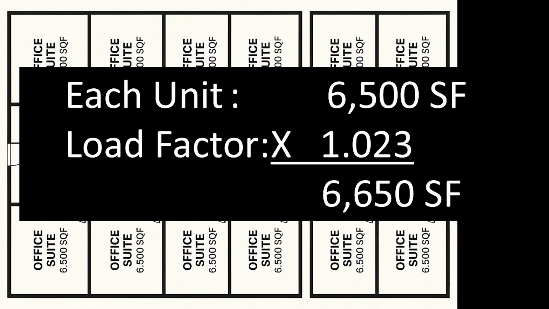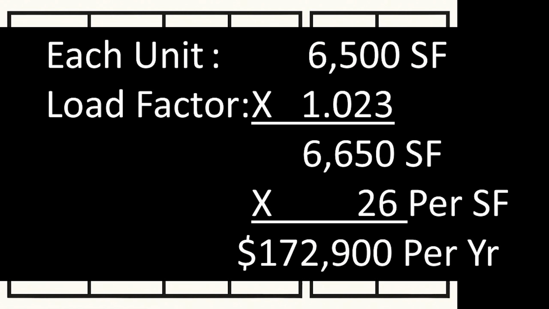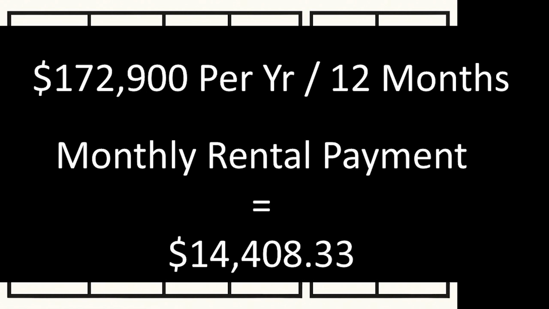So we would do 6,500 times 1.023, which equals 6,650 square feet. If the landlord charges $26 a square foot, you would times the square footage by the dollar per square foot amount. So this would be 6,650 times 26, which equals 172,900 per year. Or divide that by 12 to get $14,408.33 as a monthly lease payment.